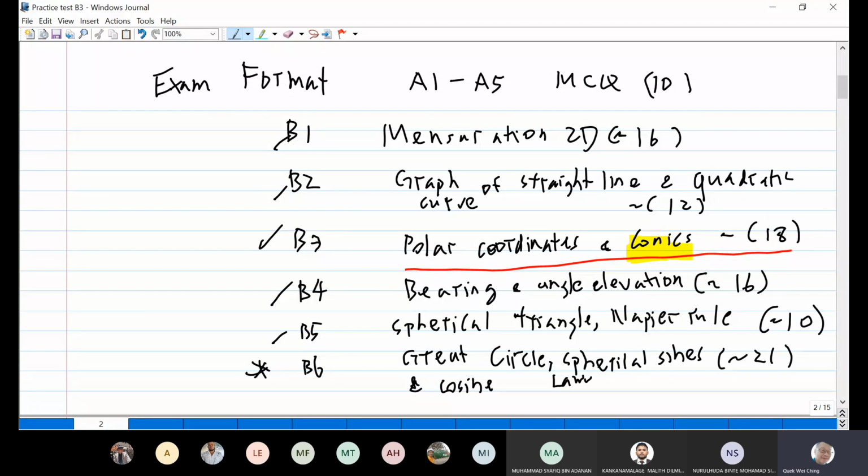We have the law of sine, law of cosine. If you have a triangle which has no 90 degree angle, usually you have to use the law of sine and law of cosine. But if you definitely have one angle of 90 degrees, usually you just apply Napier's rule.